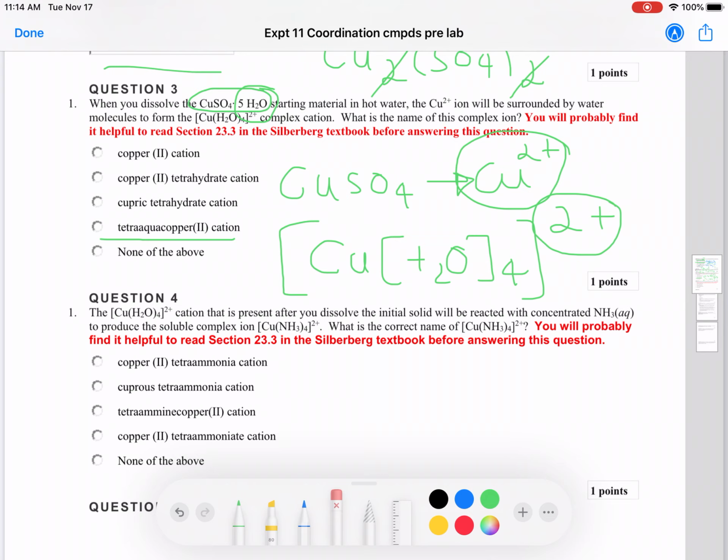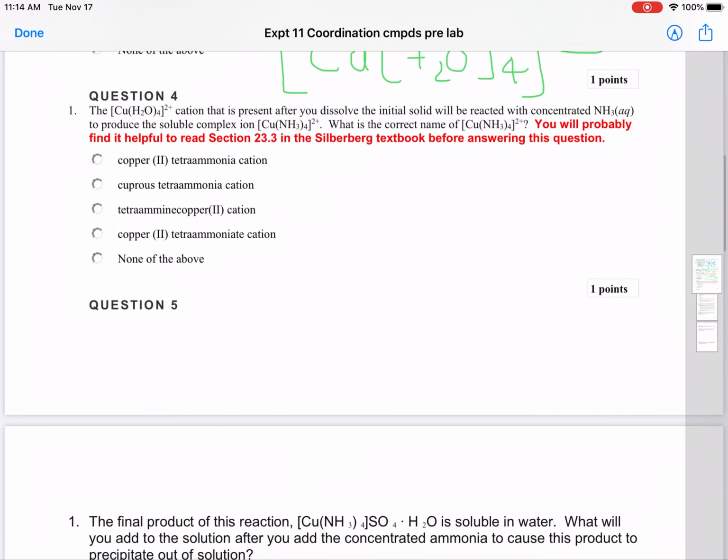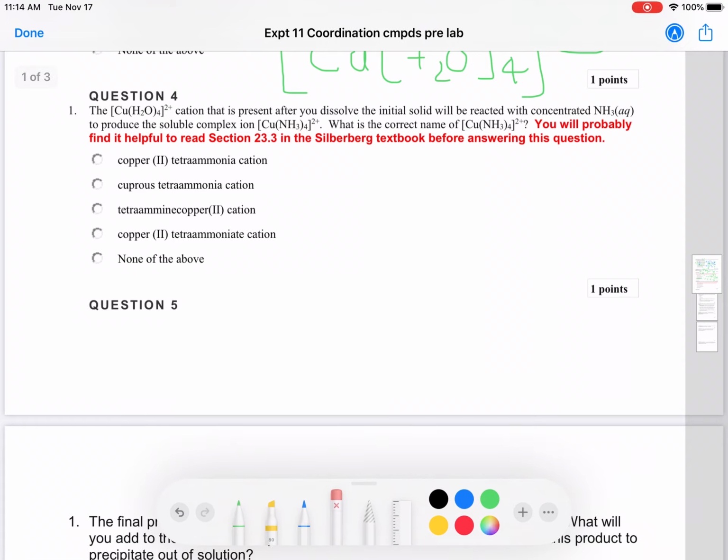Now you have a different ligand associated with it. Now this tetra aqua copper, what happens when you add ammonia, you have this equation in your textbook also. I will go ahead and write it down here so you know what's happening.